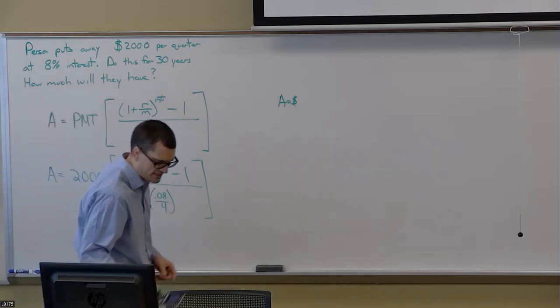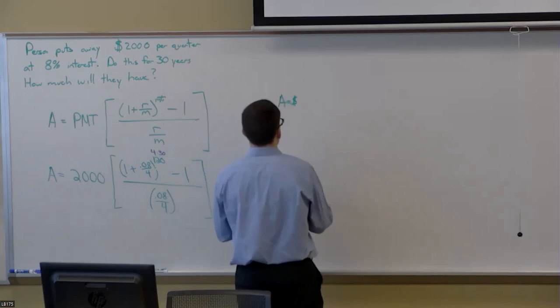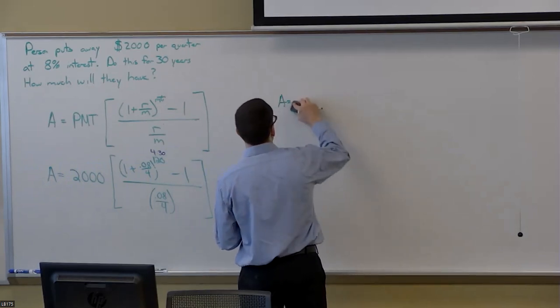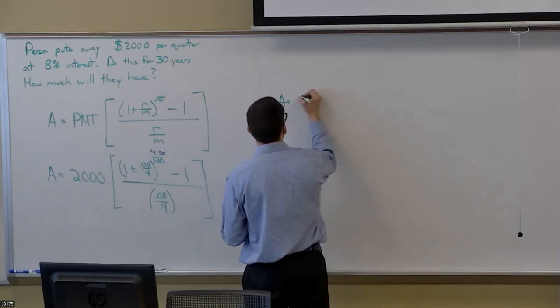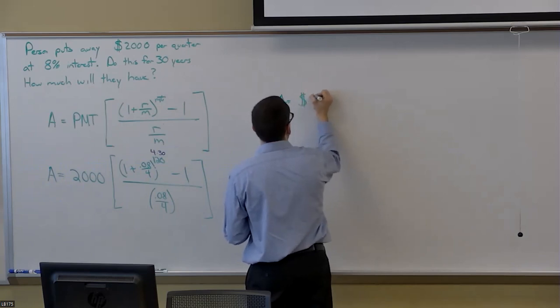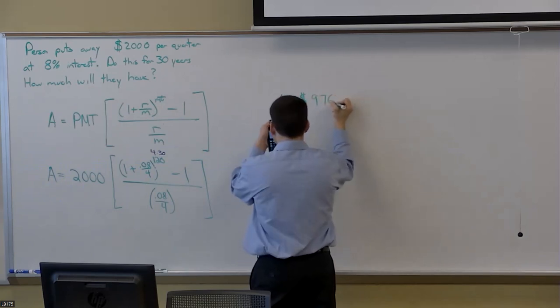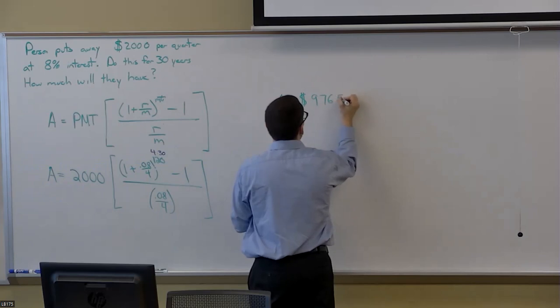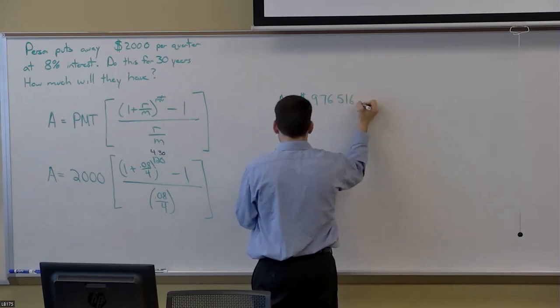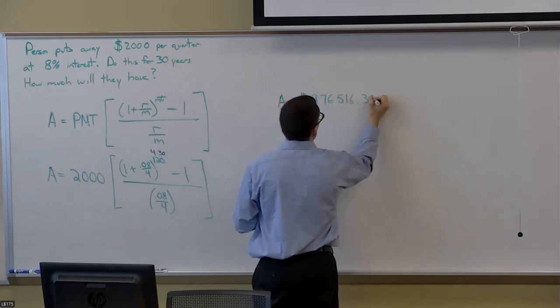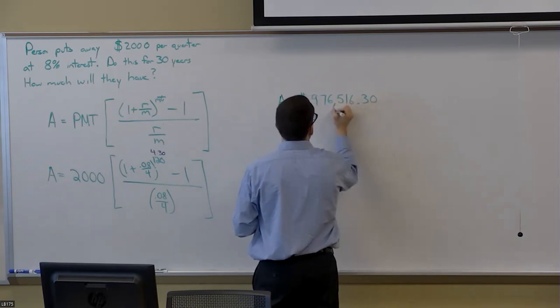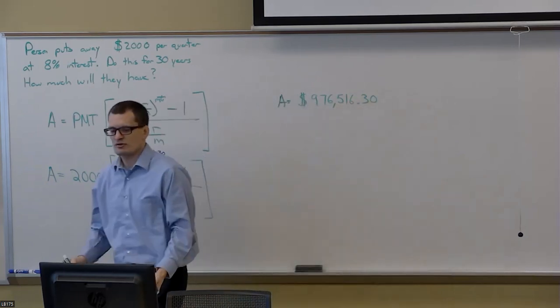And when it was all said and done, I ended up with an amount after 30 years of $976,516.30. So think about that.